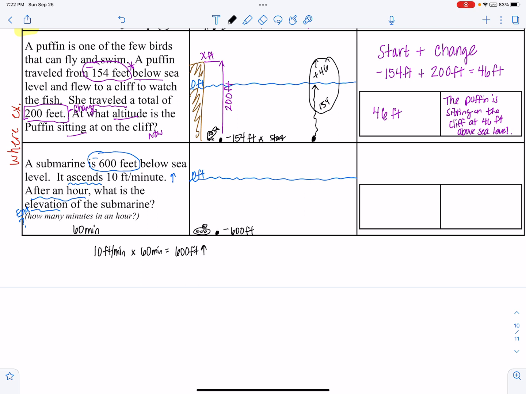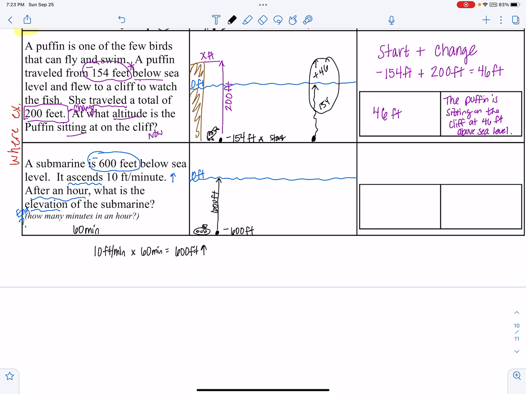So I'm going to show that arrow going up because we're showing the change. And so the submarine's going up. I just know to stop there because we're at negative 600 going up 600. But I do want to label that we're going up 600 feet. And so I'm showing that change, that arrow change is 600 feet.